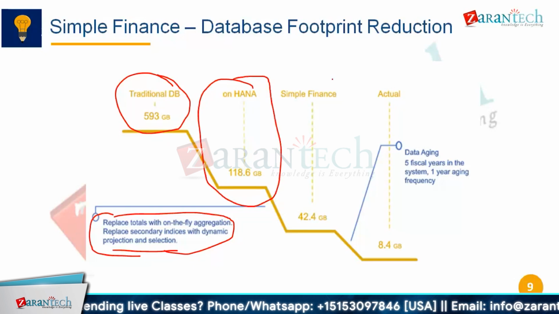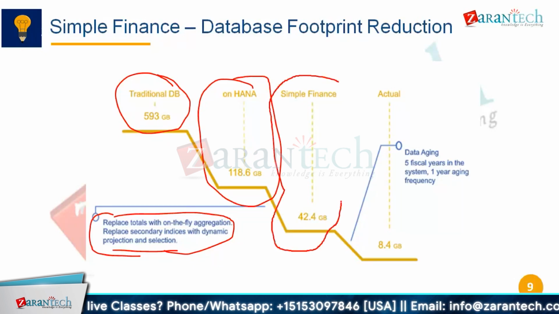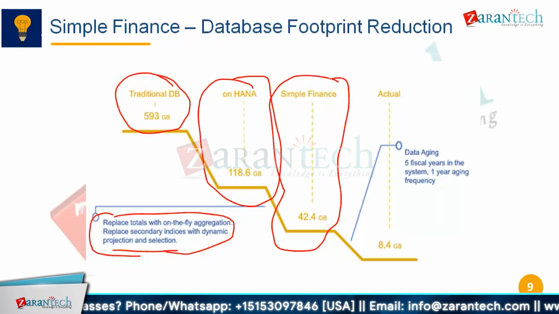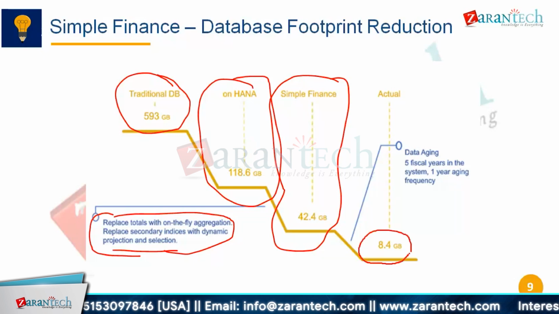Then Simple Finance, this is the level of memory it is consuming. So data aging: 5 fiscal years in the system. Aging data you can remove and keep in a different storage, which data you generally don't access in recent years. So old data we can store in a different memory.